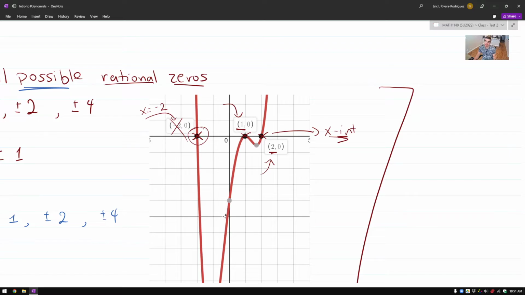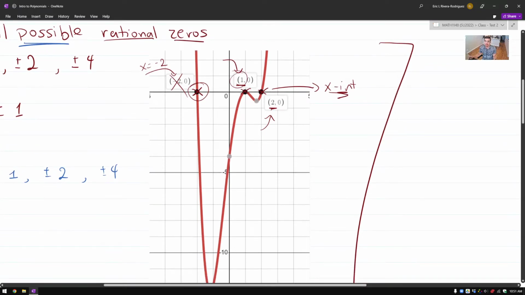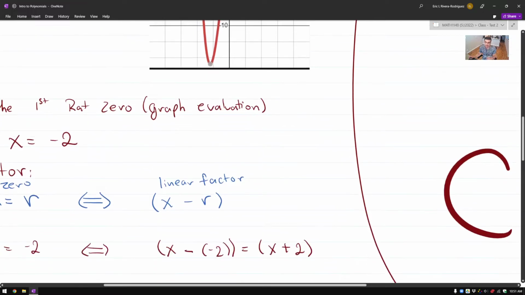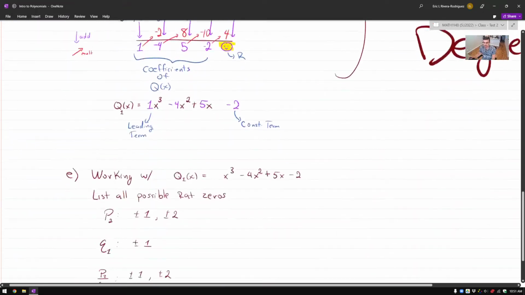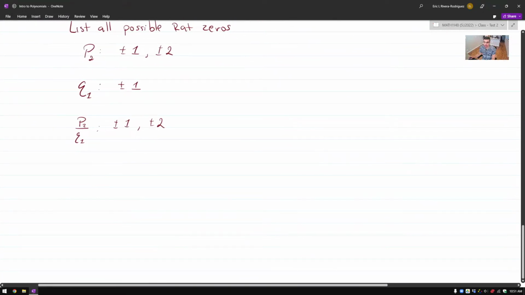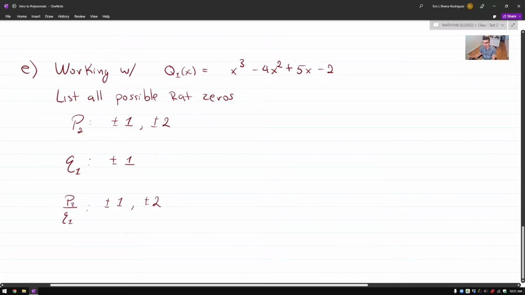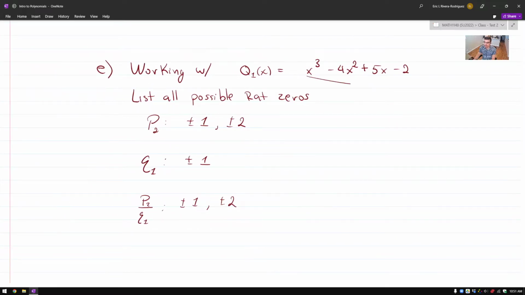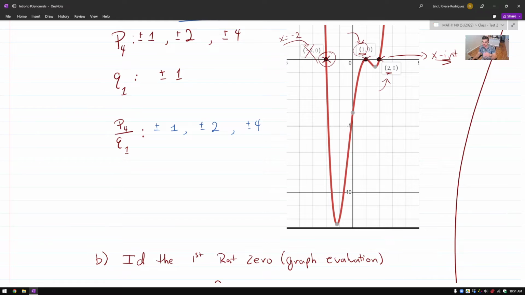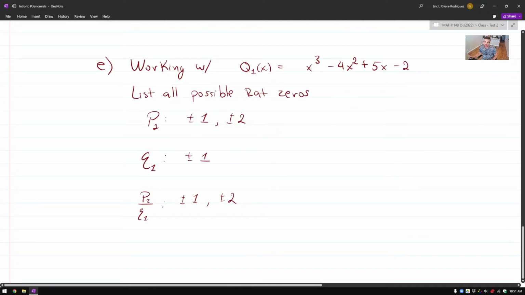Okay, so now we are dealing with positive 1 and positive 2, and for sure I'm going to take x equal 1 because I know that should be a zero of this polynomial, because this polynomial here is just a quotient of the original polynomial divided by its factor.